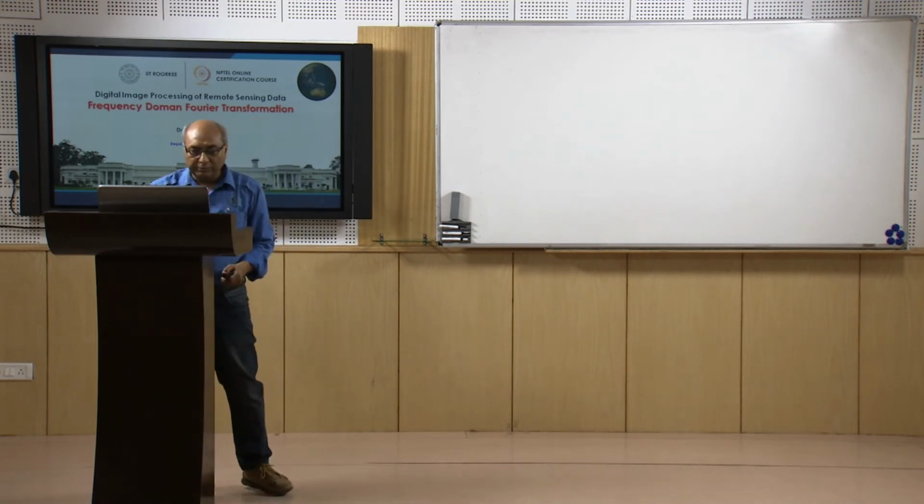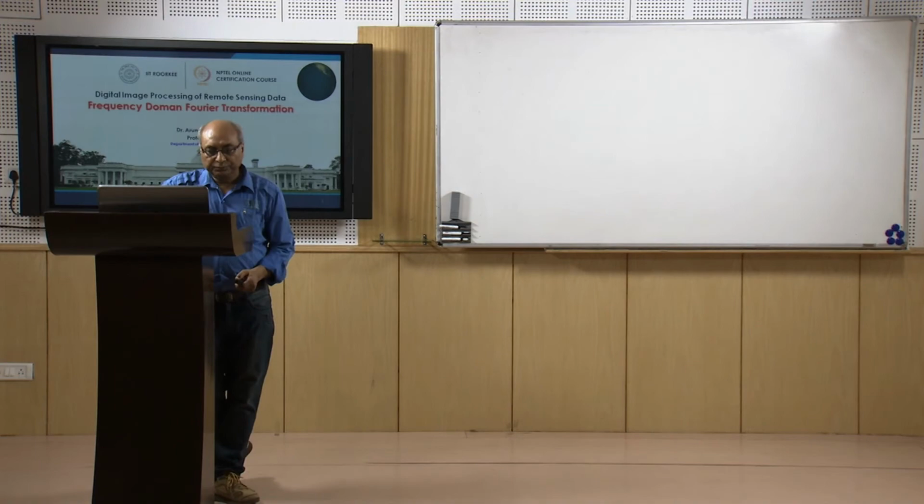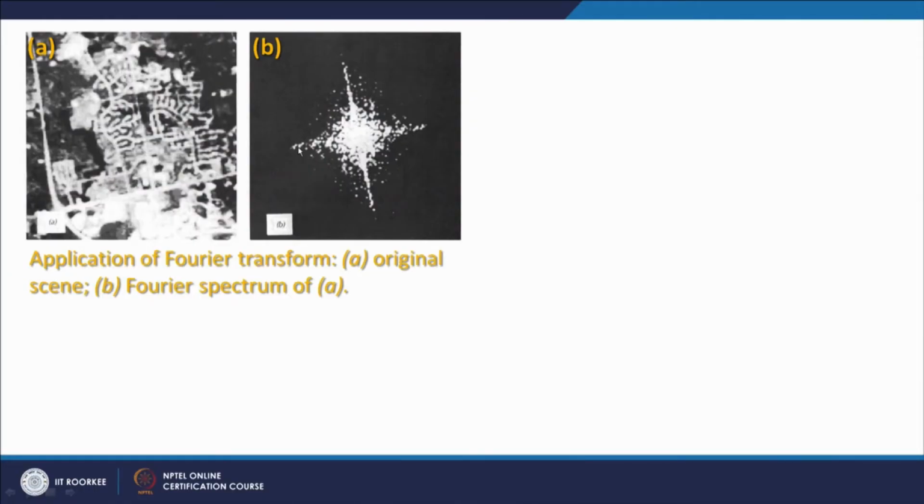Now for example, this is an image, and this is the Fourier spectrum. As mentioned, the features which are horizontal will appear here, and the features which are in vertical directions are appearing here.